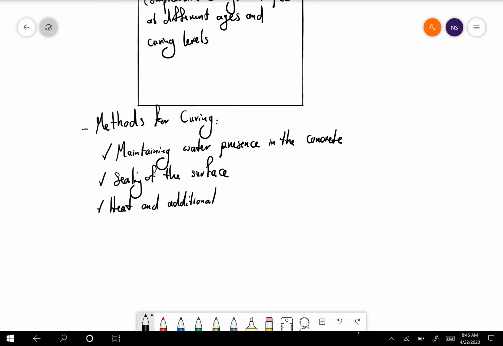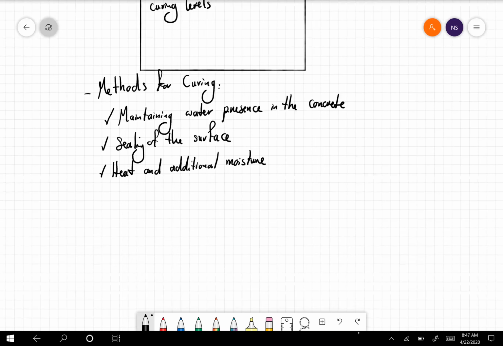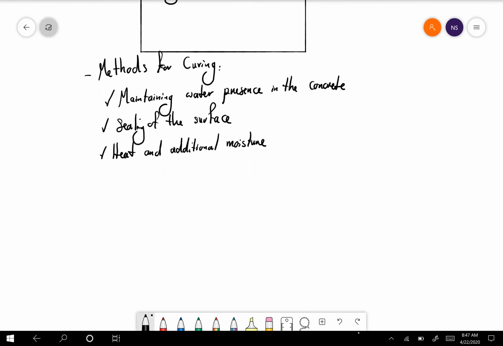In specific conditions, you need to maintain a certain level of temperature, and also during the curing process, you need to add moisture to the concrete to make sure that the curing is happening.